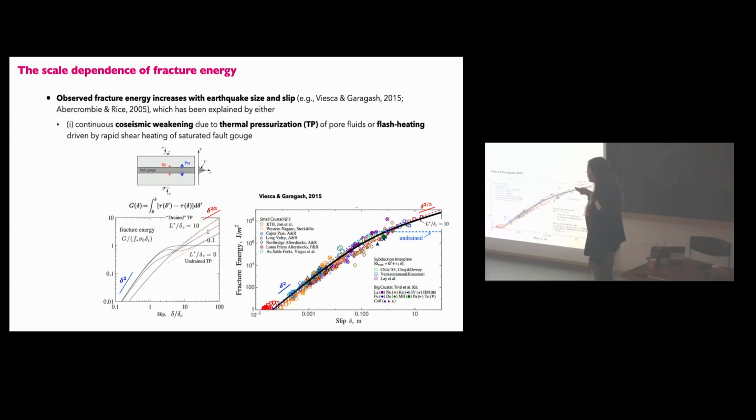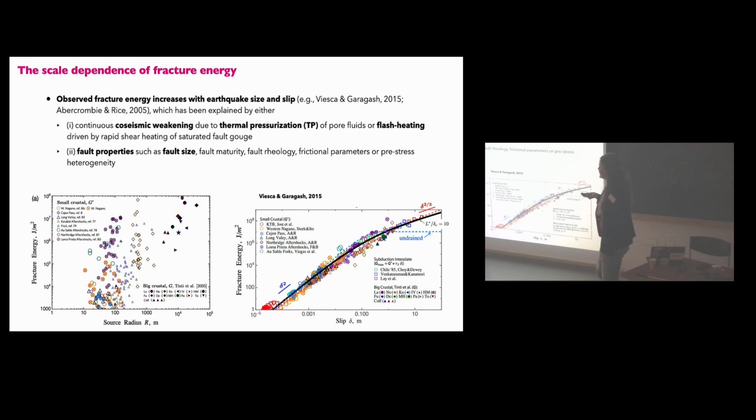Either continuous co-seismic weakening, most popularly thermal pressurization of pore fluids or flash heating driven by rapid shear heating of saturated fault gouge, or the other hypothesis, fault properties such as fault size, fault maturity, fault rheology, friction parameters, heterogeneity in pre-stress could also explain that increase of what we observe as fracture energy with earthquake size and slip.